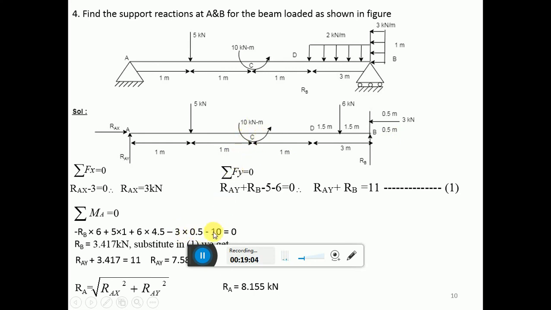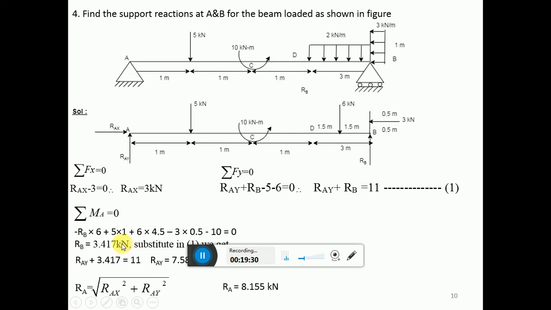This is 10 minus 10, which is equal to 0. Find out what is RB. RB with respect to point A is anti-clockwise and the total distance is 6 meter, correct? So anti-clockwise I have taken as negative. Find out RB, you will get 3.417 kilonewton.